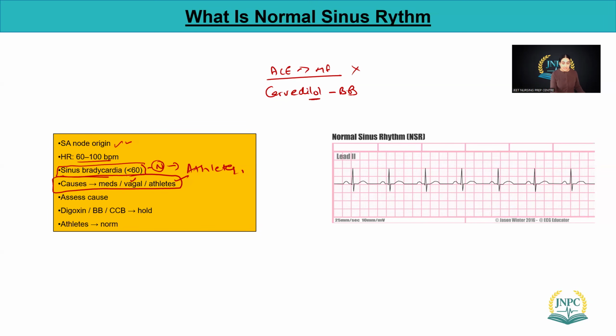How about if I say levothyroxine? Let's say this patient is taking multiple medications, ACE, which is your ramipril, carvedilol, levothyroxine, or maybe think about glimepiride, which is your oral hypoglycemic agent. We give it to type 2 diabetic patients.